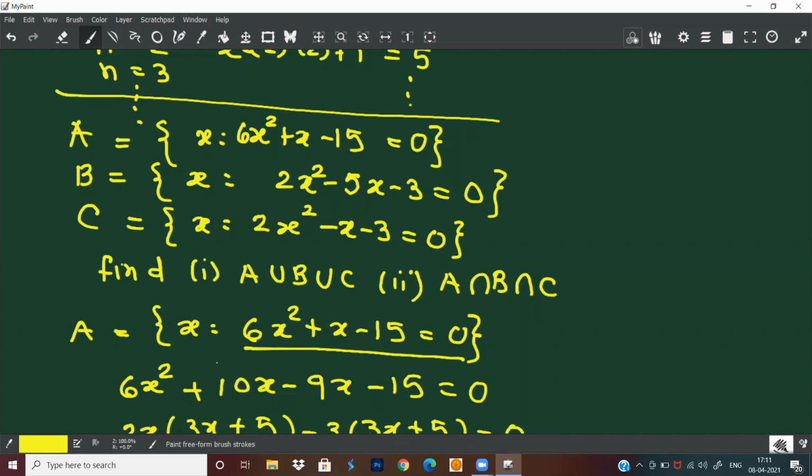Null set आ गया क्या? Intersection will be a null set. Perfect. तुम लोग इतना स्मार्ट है, वेरी गुड.